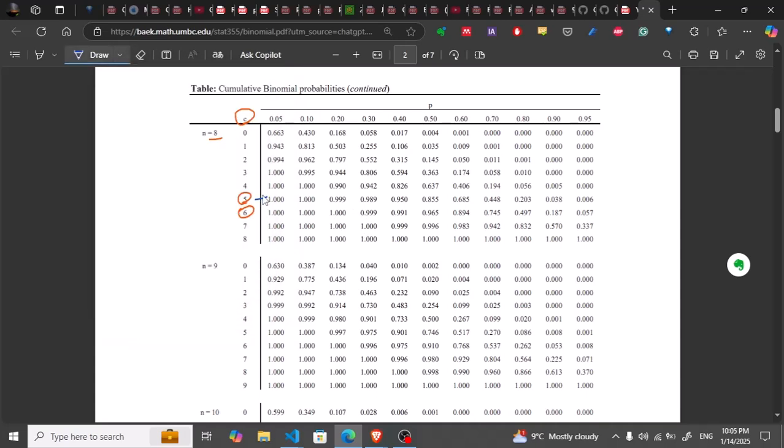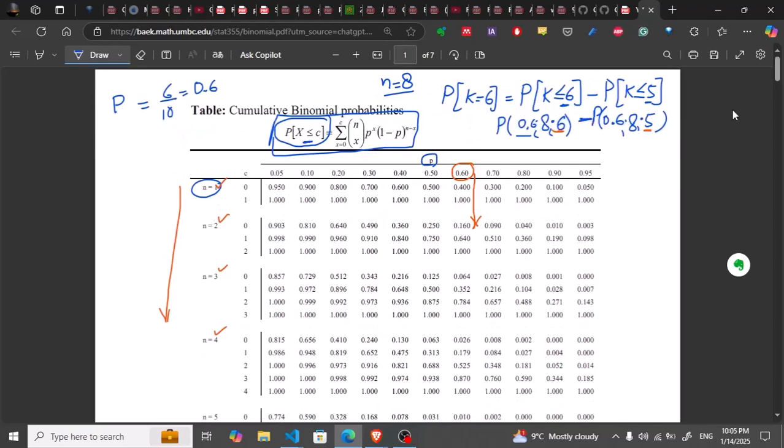So the first one is this one, the probability of it was 0.6 and this was 0.685. So for 5 it is 0.685, and from it should be subtracted the value where c is 6.